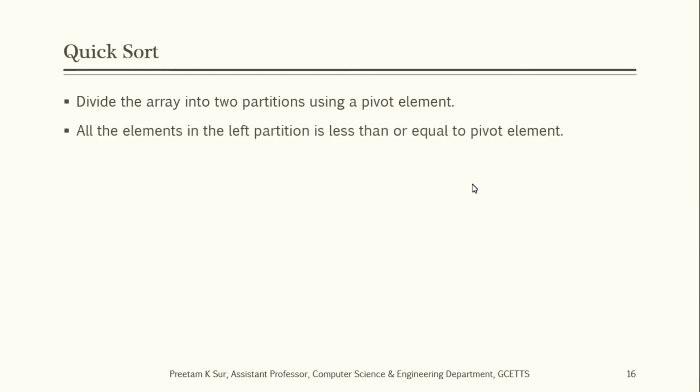Okay, so in quicksort, the divide operation is done using a pivot element, which divides the array into two parts. Now, how is the division done? The pivot element divides the array into two partitions, such that all the elements in the left partition are less than or equal to the pivot element, and all the elements in the right partition are greater than the pivot element.